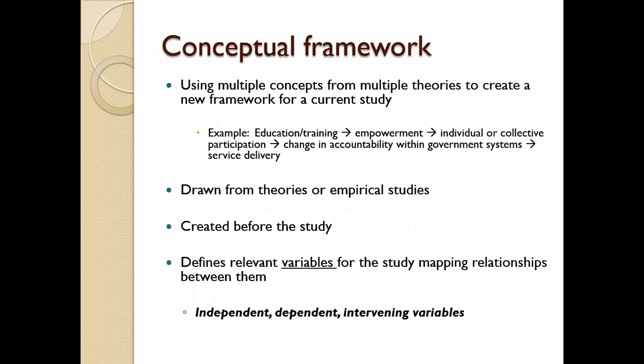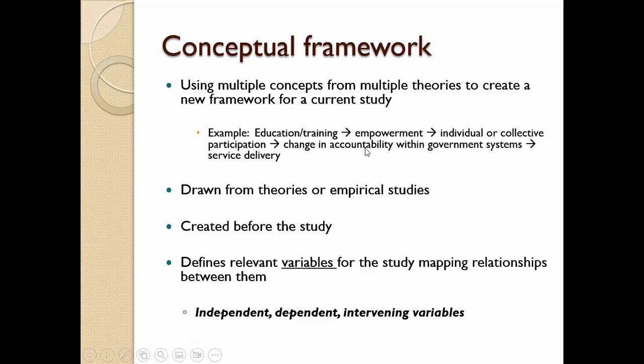So if we use our example here, if we look at training versus empowerment, then empowerment becomes a dependent variable and education becomes an independent variable. If we look at empowerment versus participation, collective participation becomes the dependent variable and empowerment becomes the independent variable.